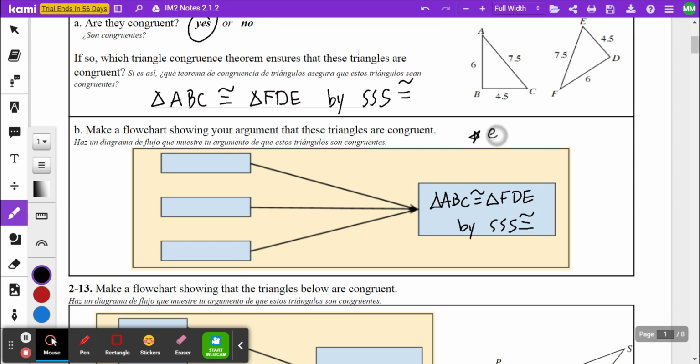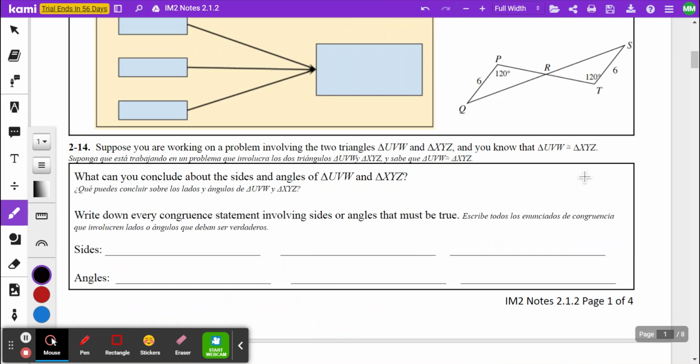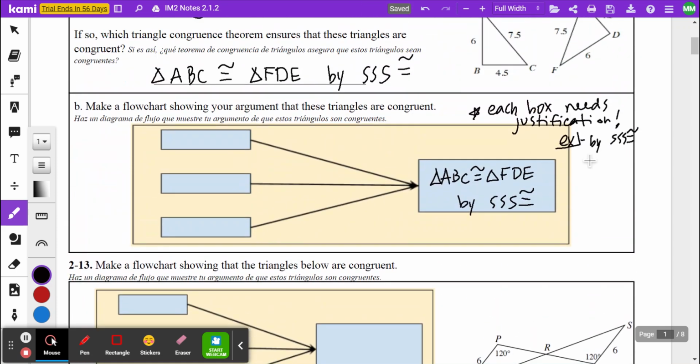Remember, each box needs justification. That's super important. Examples of justification: SSS congruence, that's a justification, or it might be, say, given, which is the one we're going to use.